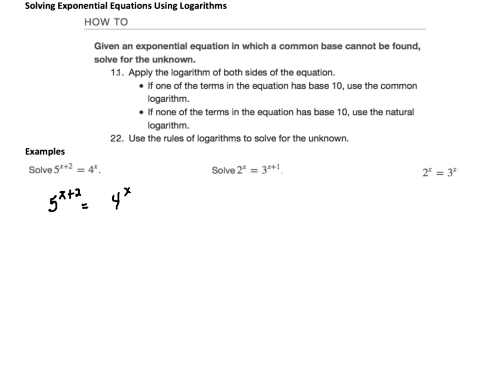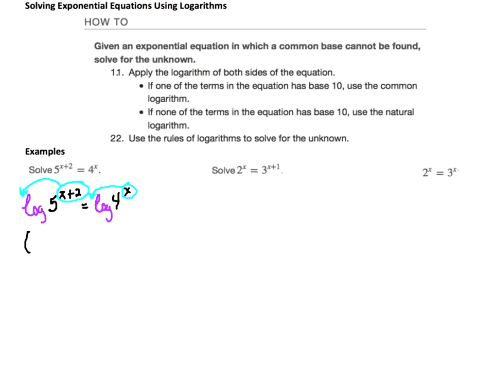And this method that we are learning is to take the log of both sides. And you'll recall that when you take the log of an exponential expression, that exponent can come out front as the coefficient. So we found a way to get that variable down out of the exponent.